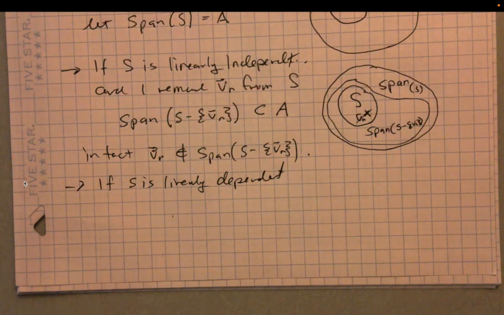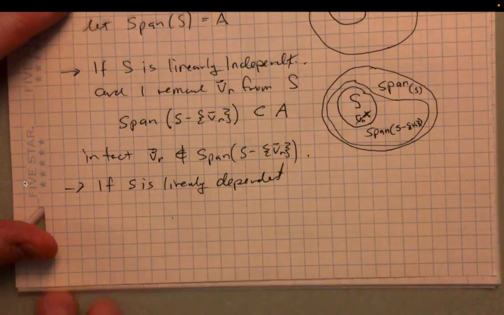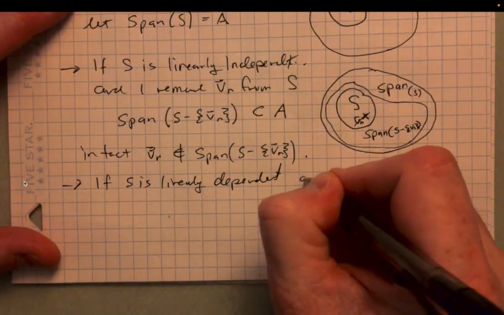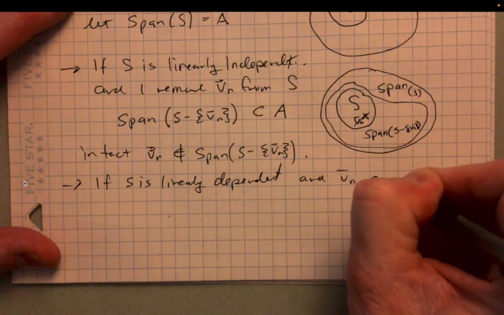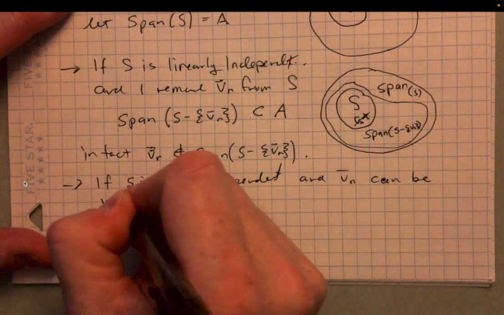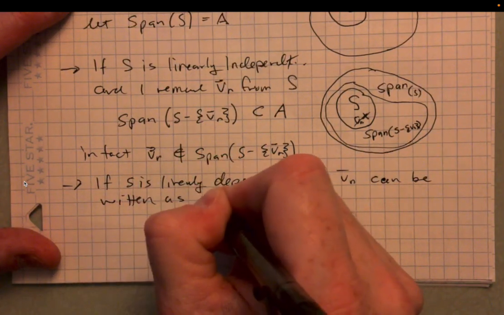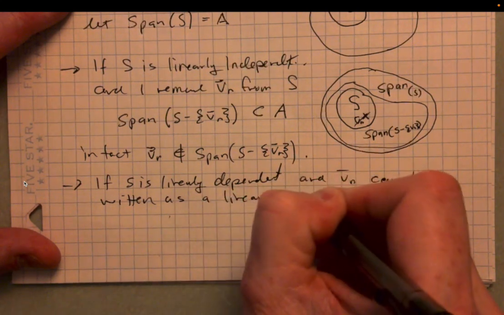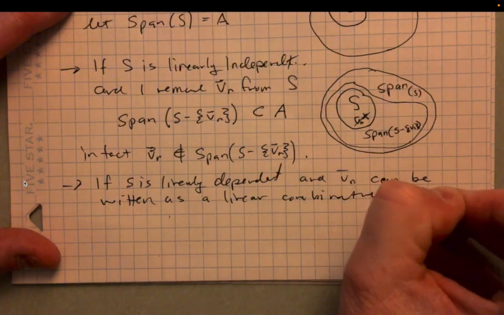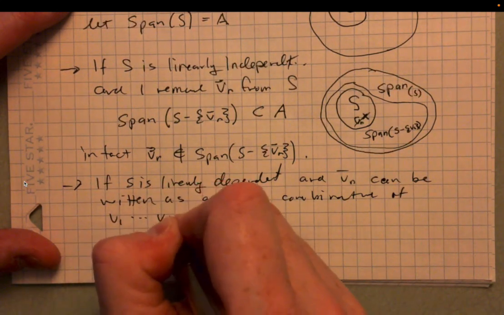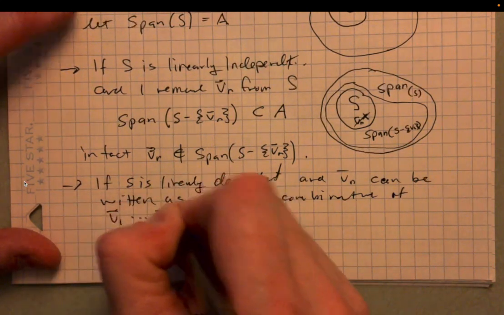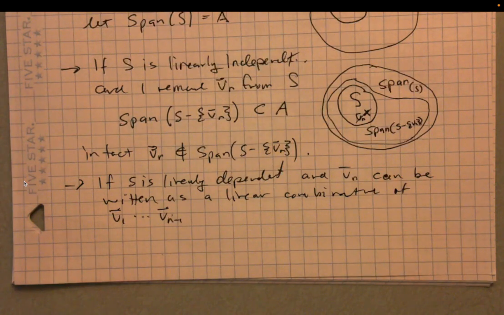If I can write Vn in terms of V1 through Vn minus 1, then Vn is redundant in the set S. Then what happens to the span if I remove Vn?